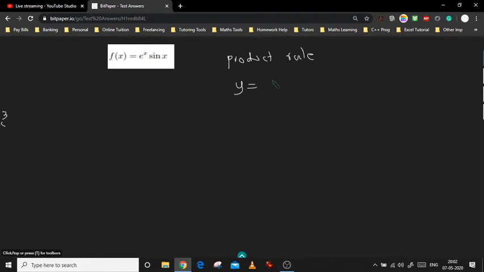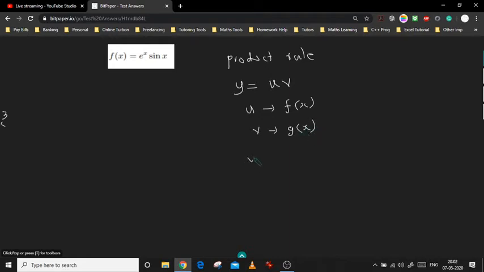If you have y equal to the product of two functions, let's say u and v, we say u is one function, a function of x, and v is another function of x. Let's say we call this g of x.